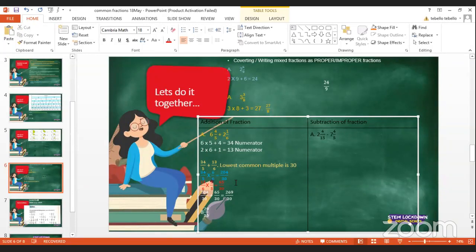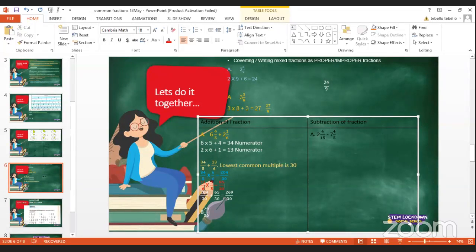The lowest common multiple is 30, meaning that we multiplied 6 by 5, which equals 30. We must do the same thing with our numerator. So we multiply our numerator by 5, and then we get 65.